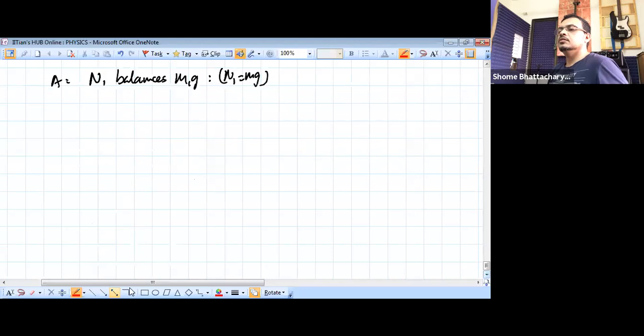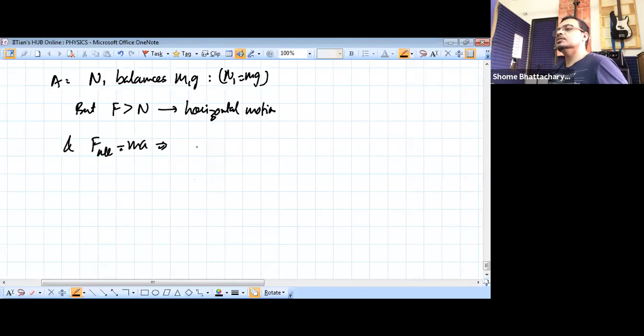But F does not balance N, because we can see that the block is accelerating. So what will happen? F will be greater than N, so there is horizontal acceleration. There is horizontal motion, such that the net force should be equal to mass into acceleration.